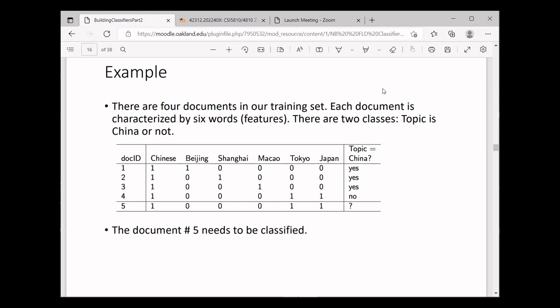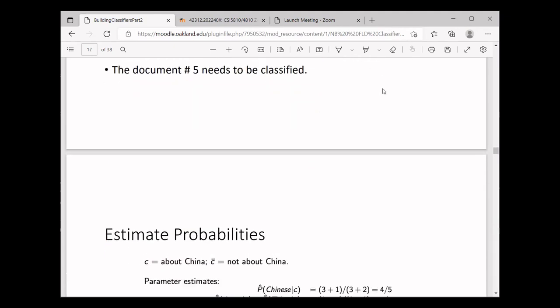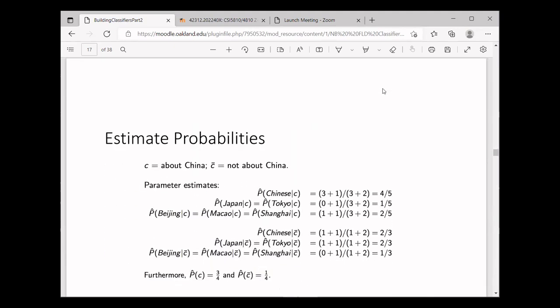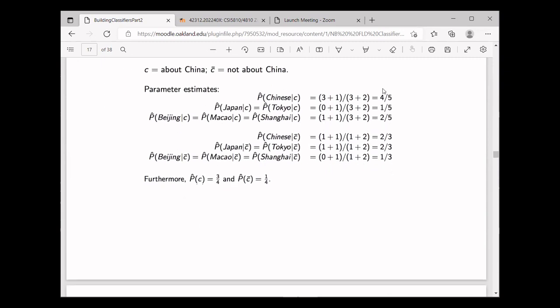To do that, you will follow the Bayes rule without Laplace correction, and we calculate all those conditional probabilities. We have the a priori probability. We plug them in, and we will get the answer. So that's how this will work.